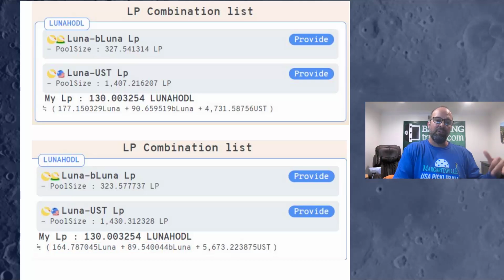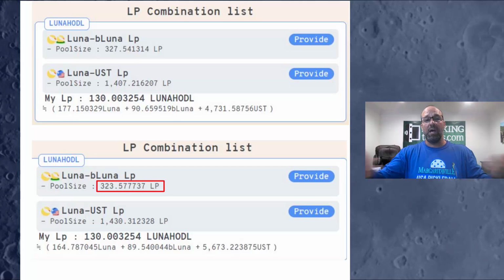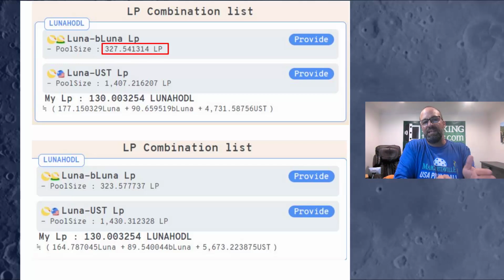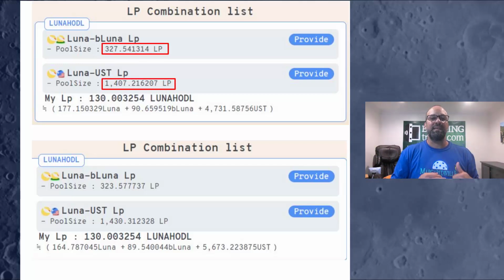And that's because in the Luna UST part, a lot of the Luna left of that part of the LP to the UST. Now, what is interesting is above that, you can see the amount of total LP tokens in the Luna-HODL. Now, what we don't know is if people took money or tokens in or out of the pool. But what's interesting is if they didn't, you can see that on February 22nd, when the price of Luna was low, there were 327 LP tokens in the Luna and 1407 Luna UST tokens.